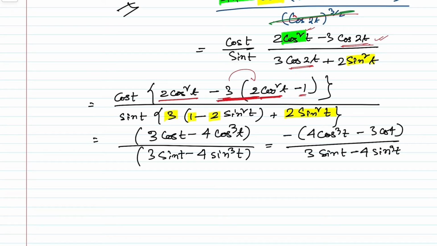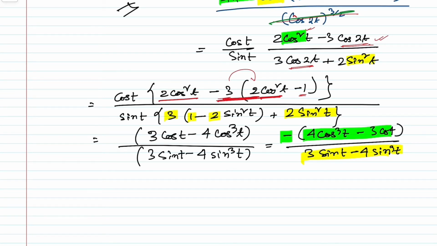Again here we are going to use the trigonometric identity: 4 cos cube t minus 3 cos t is equal to cos 3t, with the minus sign, and the denominator is equal to sin 3t.